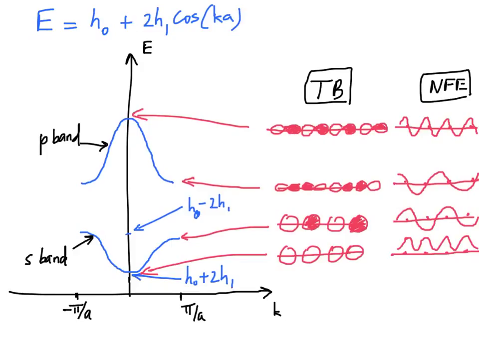Although I should admit that there was a slight error, I think, in the top wave function that I drew in the previous lecture. But in any case, you can see that there is close correspondence between these pictures and these pictures. For example, let's take a look at our bonding combination of the s orbitals.